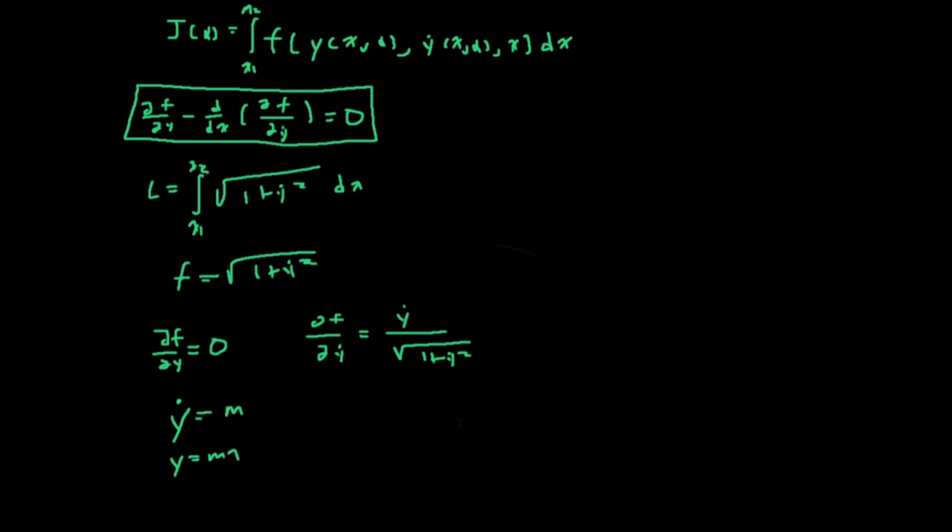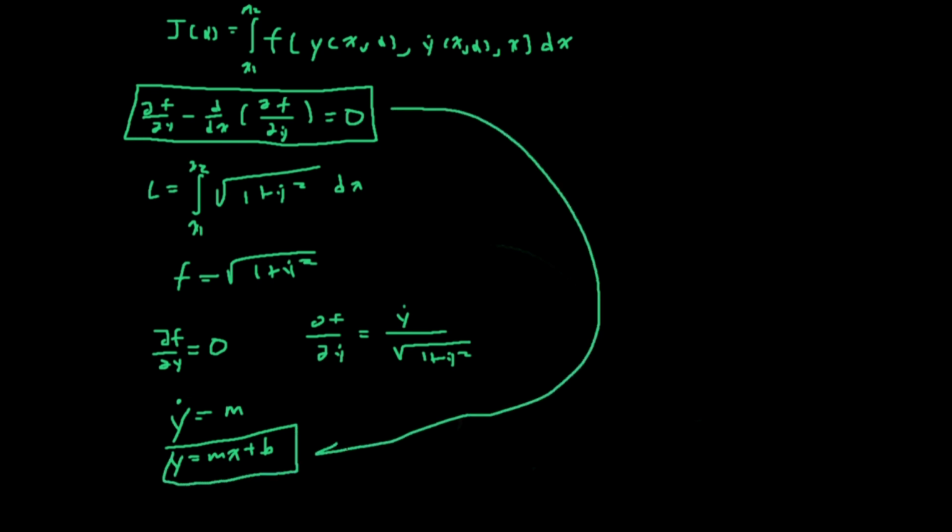So y equals mx, and then our constant of integration, we'll just call that b. So we used the Euler-Lagrange equation to prove that y equals mx plus b is going to minimize the length between 2 points. Basically, the minimum length between 2 points is a straight line.